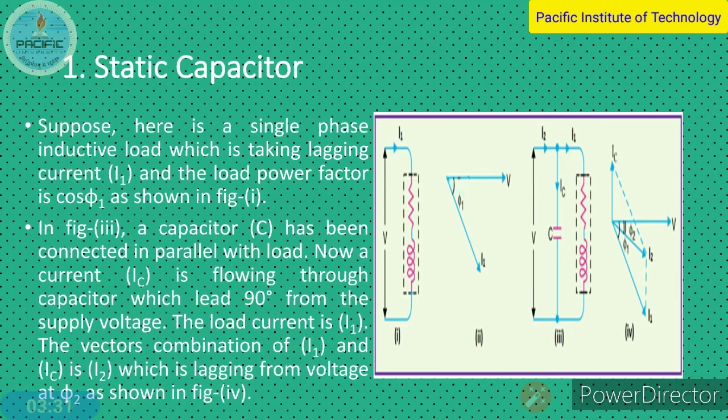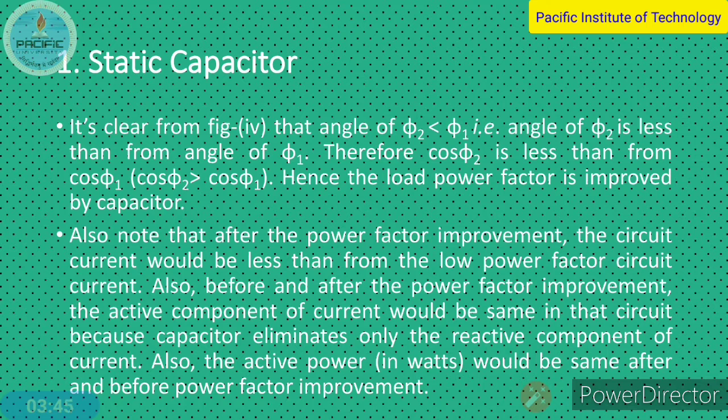From the diagram we can observe that phi1 is much higher than phi2, so the power factor is getting improved. After the power factor improvement, the circuit current would be less than in the low power factor circuit. The active power would be the same before and after the power factor improvement, but the reactive power changes.